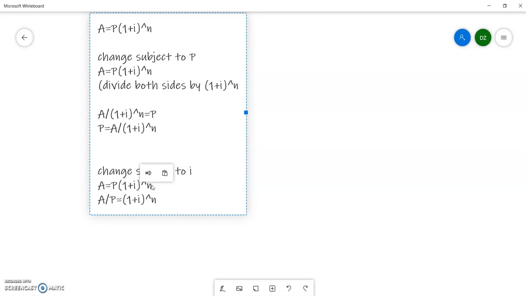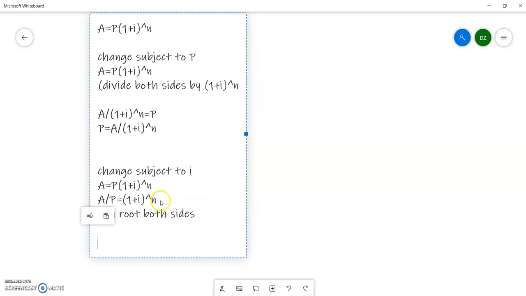Now before we can go into this bracket and extract I, I need to get rid of this power of n. And the only way I know how to get rid of a power of n is to take the nth root of both sides, not a square root, an nth root. So whatever that power is, that's the root that we take.